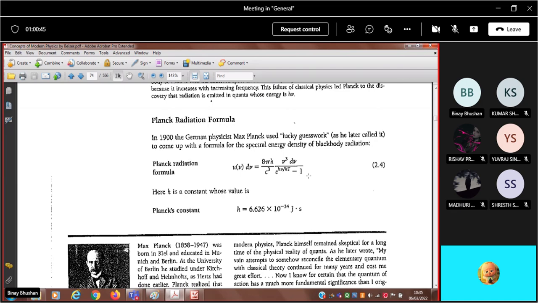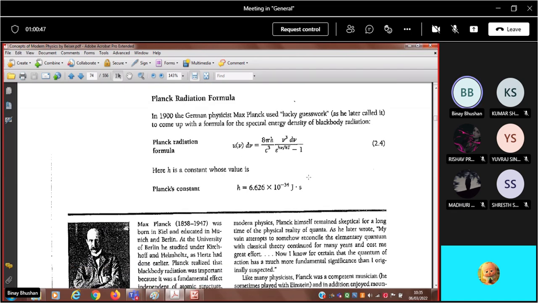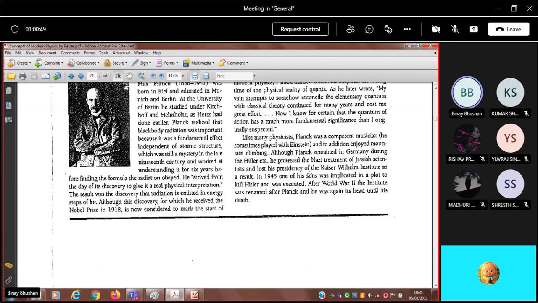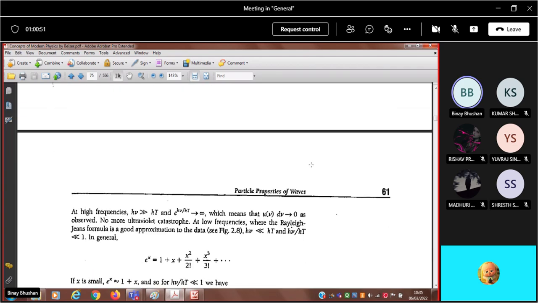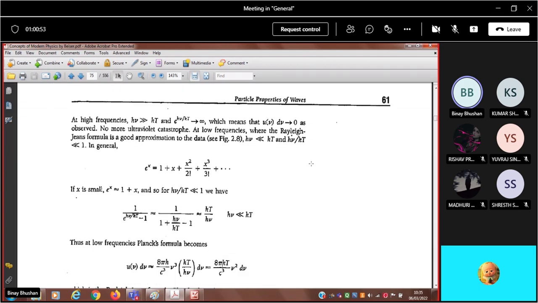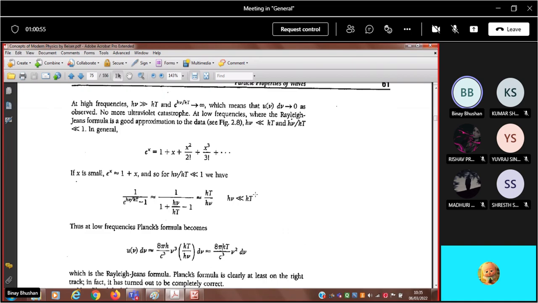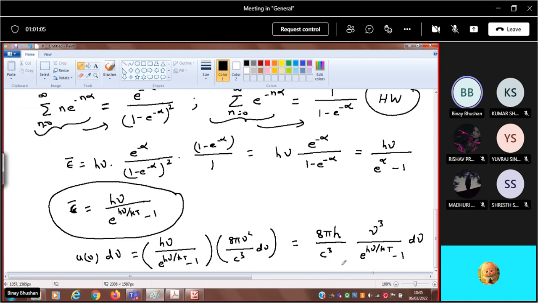Right? And this will satisfy the experimental curve, right? It has been explained here. At lower frequencies and higher frequencies, you are getting this treatment on page number 75. So again, homework for all of you: show that this Planck's radiation formula is consistent with the experimental curve.